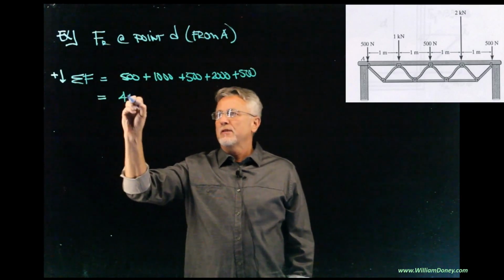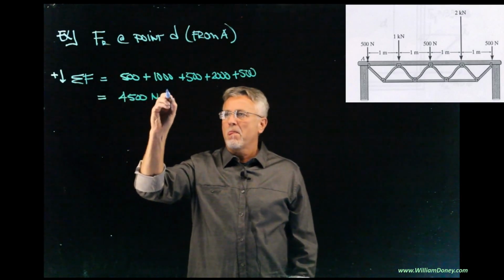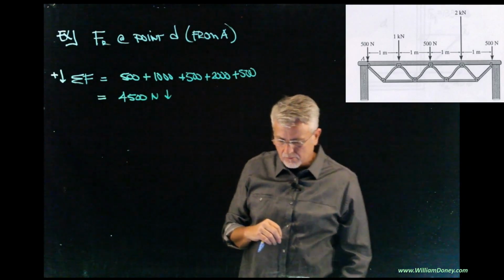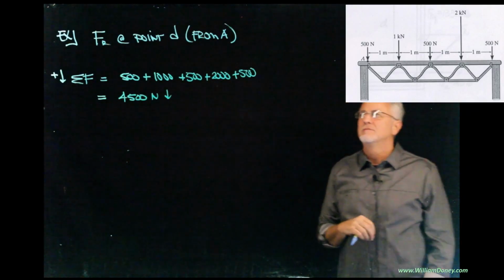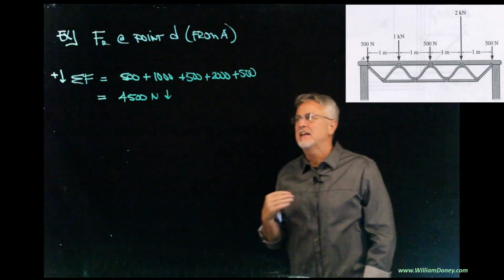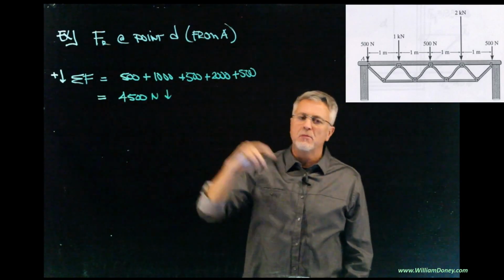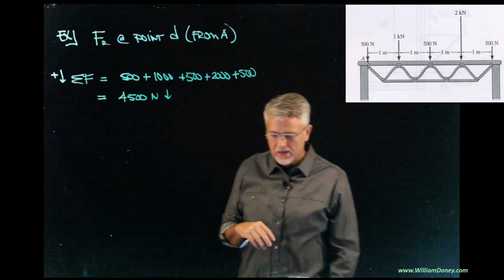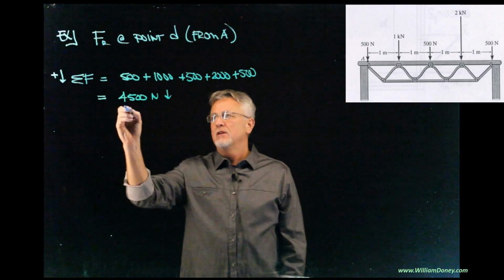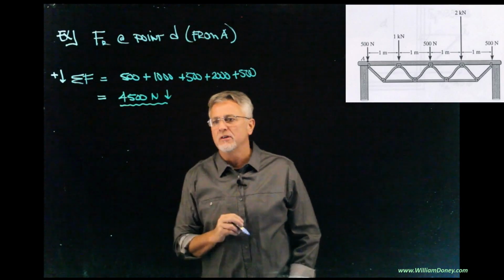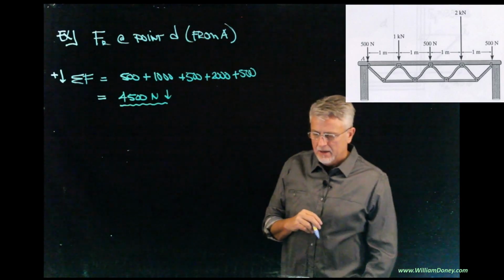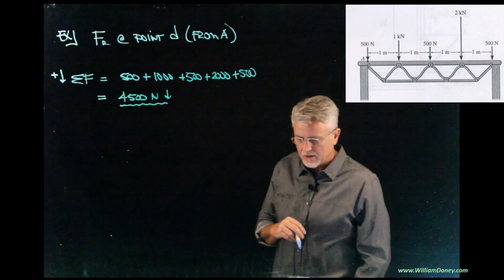If I go through that, 4,500 newtons. Now, if we were given everything in kilonewtons, so that's 0.5, 1, 0.5, 2, 0.5, I'd put my answer as 4.5 kilonewtons. I'm just going to stick with newtons. So there's our resultant force.